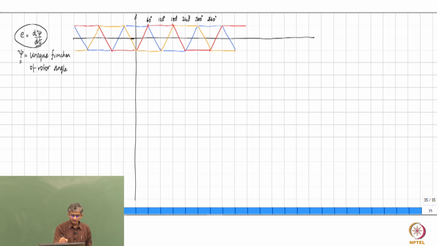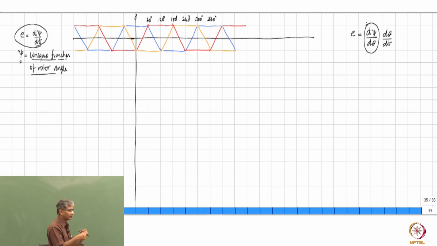Now note that the induced EMF is given by rate of change of flux linkage with respect to time. So what we can write is E equals d psi by d theta multiplied by d theta by dt, right? And we said that flux linkage is a unique function of the rotor angle, which means that d psi by d theta must be a unique function, and that gets multiplied by d theta by dt, which is then dependent on the direction of rotation.